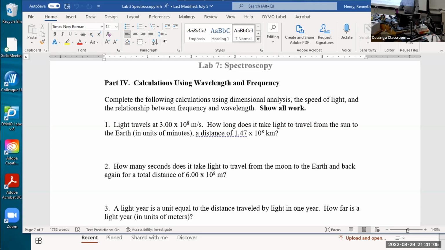So 1.47 times 1,000 divided by 3, and then divide that by 60.